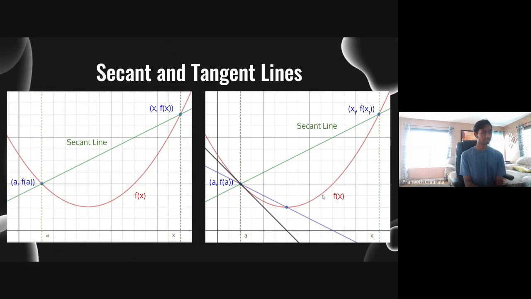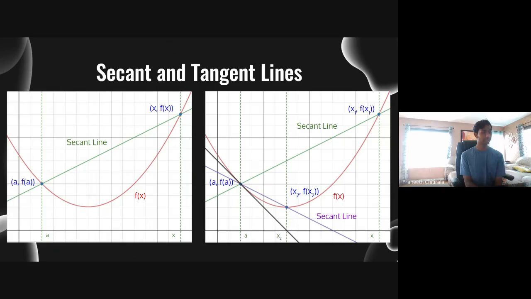So we get there very close. The second point we reach is just x2, f of x2. This second point can be any point along this curve, but this is just to represent that this point is getting very close to a, f of a.